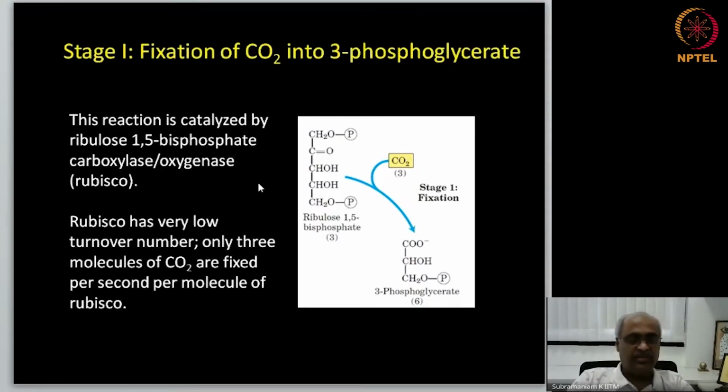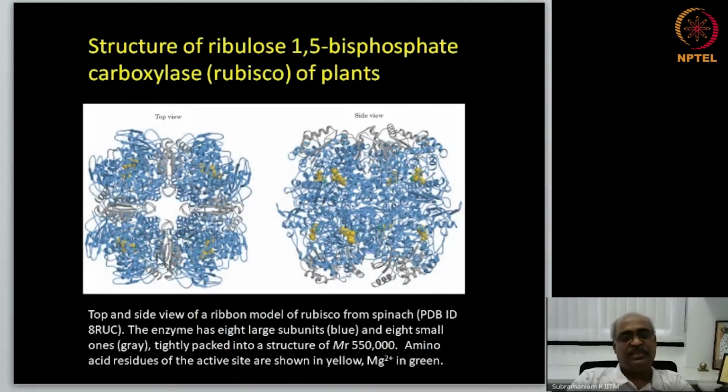So we look at how this enzyme does the catalysis. This is the enzyme structure. You are only seeing a couple of views. You have a top view where you are seeing the 4 blue colored structures and then the gray.